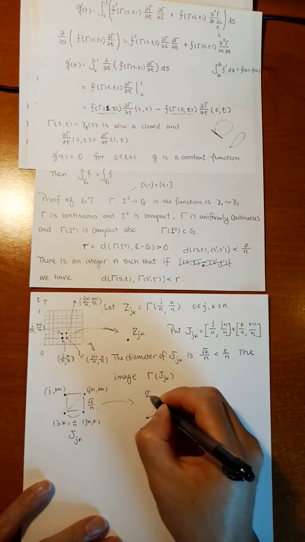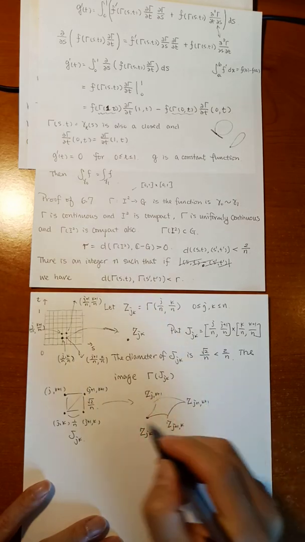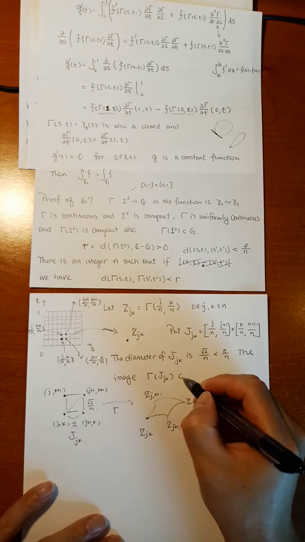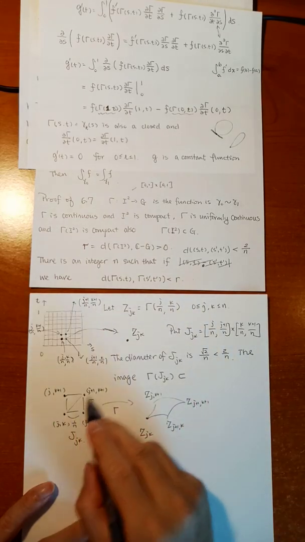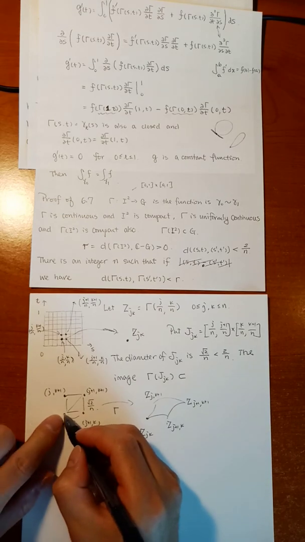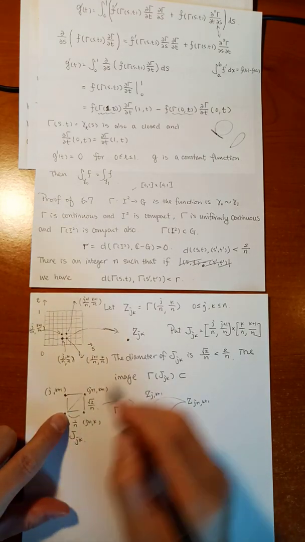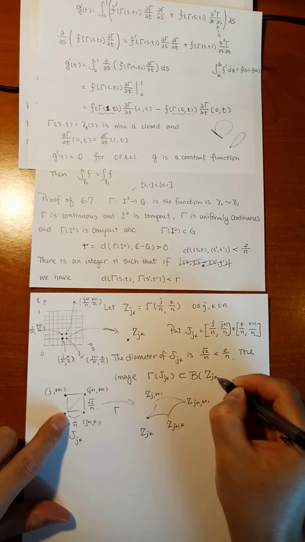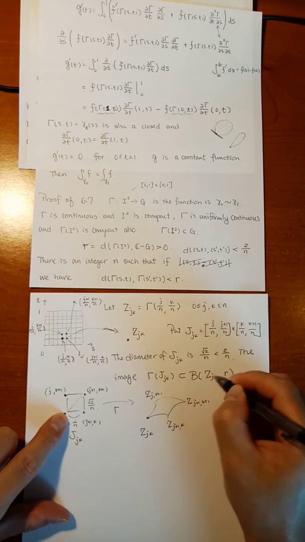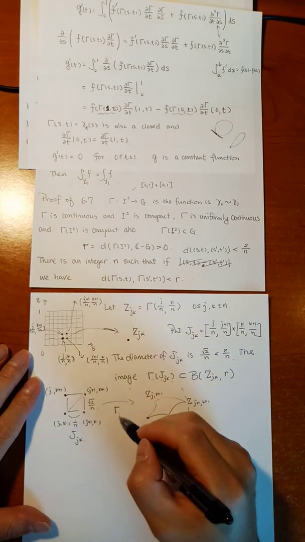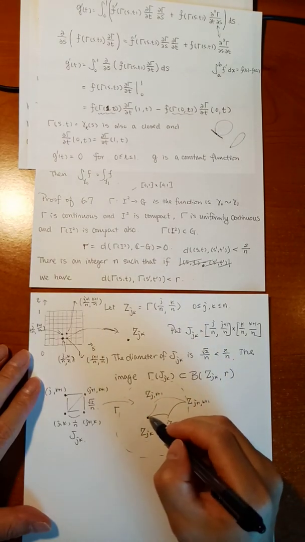This is zj k plus 1. Gamma. Okay, so the image will be mapped into a set whose diameter is less than 2 over n. So we keep this one as a center. So every point will be inside the disk. It's a big disk. Well, possibly small, but this is the center.